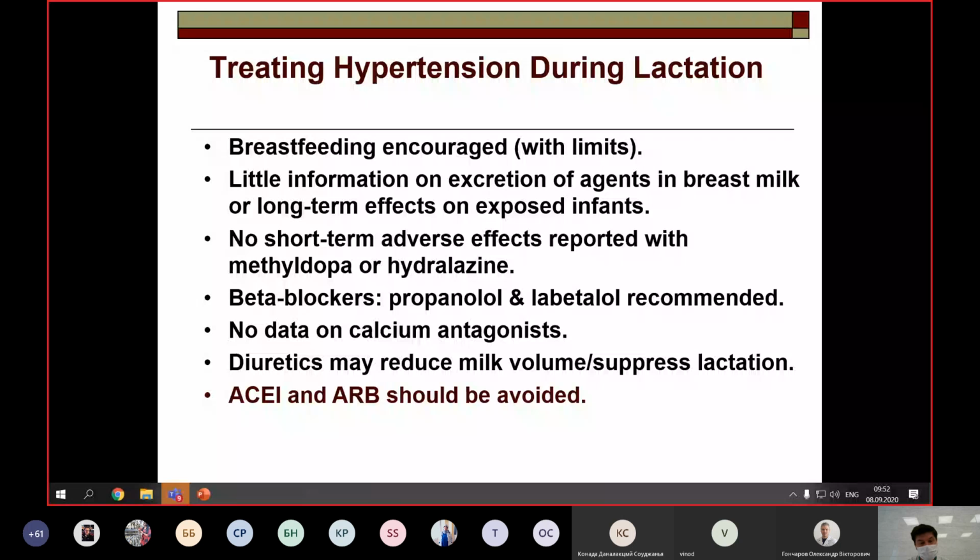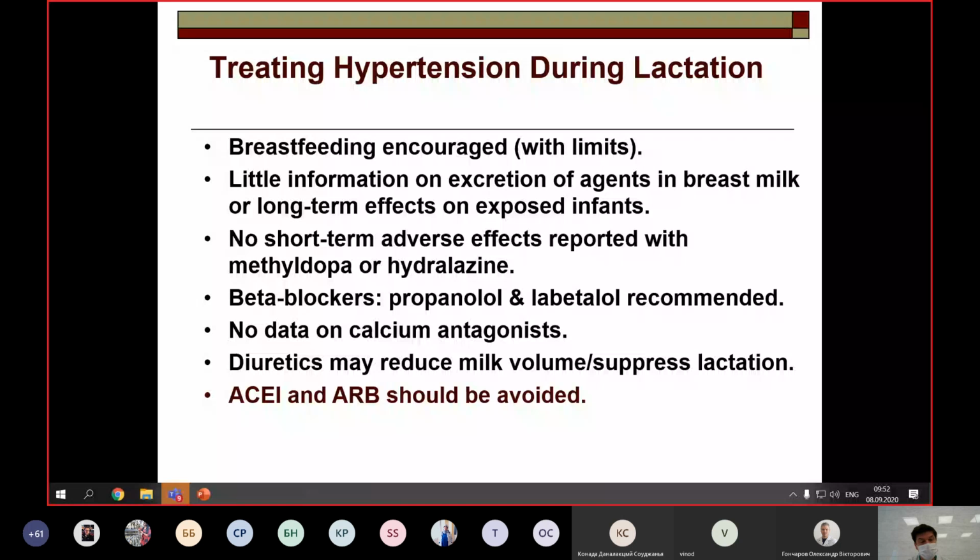Beta blockers, propranolol and labetalol can be recommended, but there are no data for calcium channel blockers. Diuretics can reduce milk volume and suppress lactation, and ACE inhibitors and ARBs should be completely avoided due to negative effects on tissue differentiation.